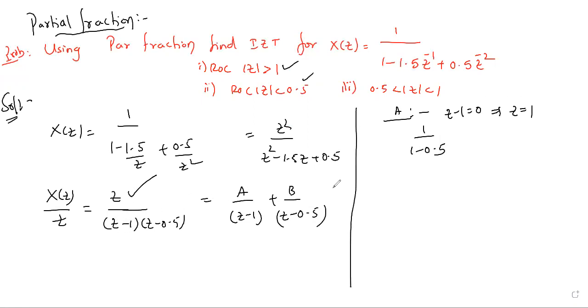So neglect z minus 1, and in the remaining expression substitute the denominator factor z equal to 1, which value is 2. Similarly for B, if z minus 0.5 equals 0, then z equal to 0.5. Substitute here again: 0.5 by 0.5 minus 1, you will get minus 1.